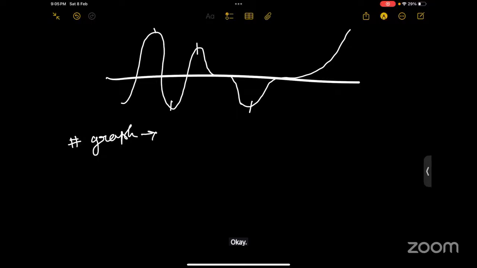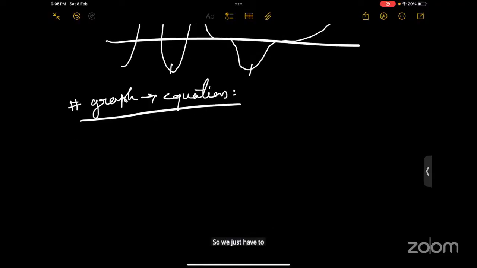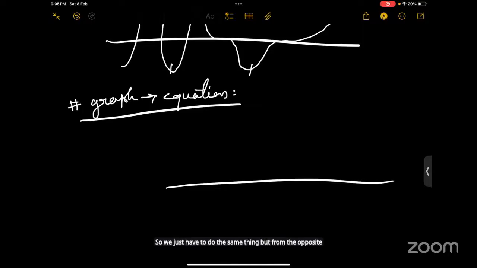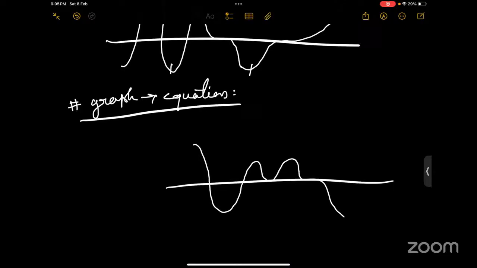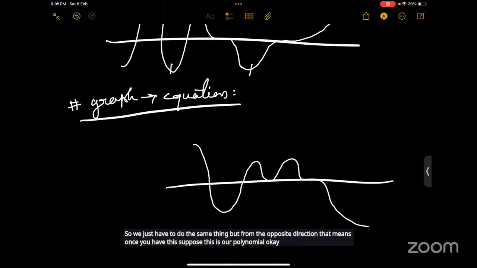Graph to equation. So we just have to do the same thing, but from the opposite direction. Suppose this is our polynomial.